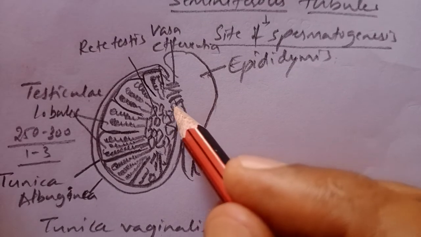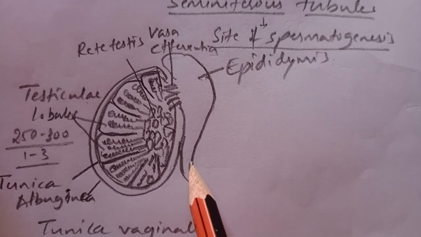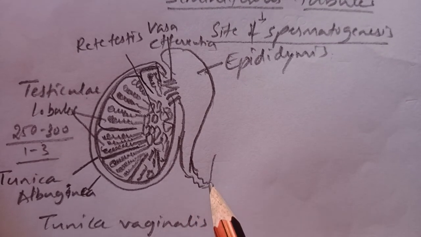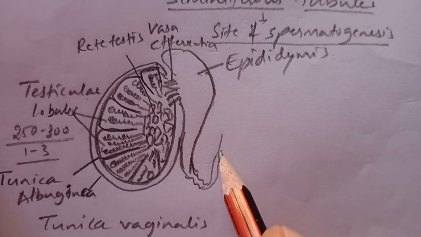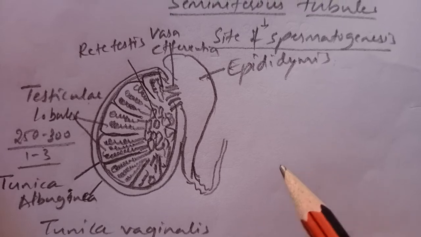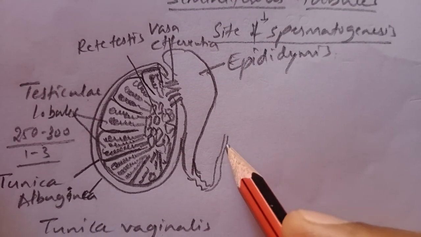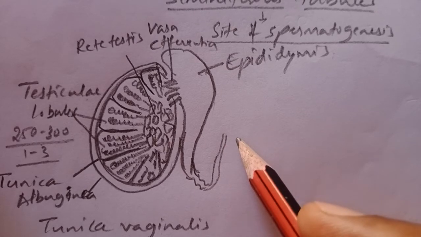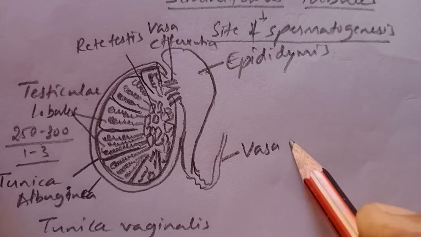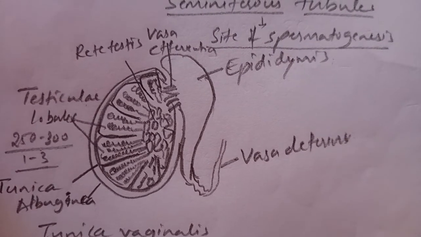This epididymis helps to mature these sperms physiologically, and finally that enters into one more tube which conducts sperms from the epididymis to the next part, the urethra, or urinogenital tube. That is called vasa deferens, right?